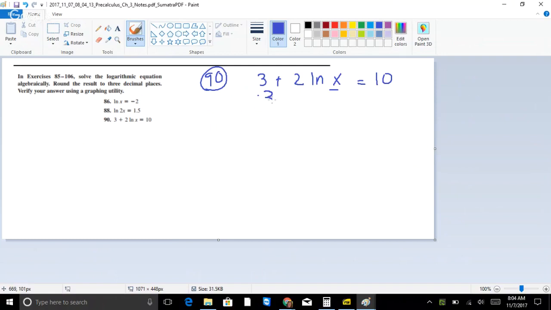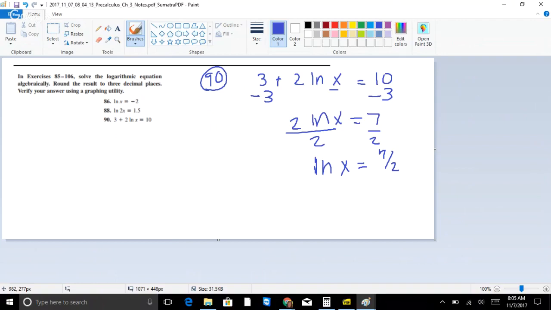Well, we're going to subtract 3 from both sides, and we get 2 natural log of x equals 7. And then I can divide both sides by 2, so the natural log of x equals 7 over 2.